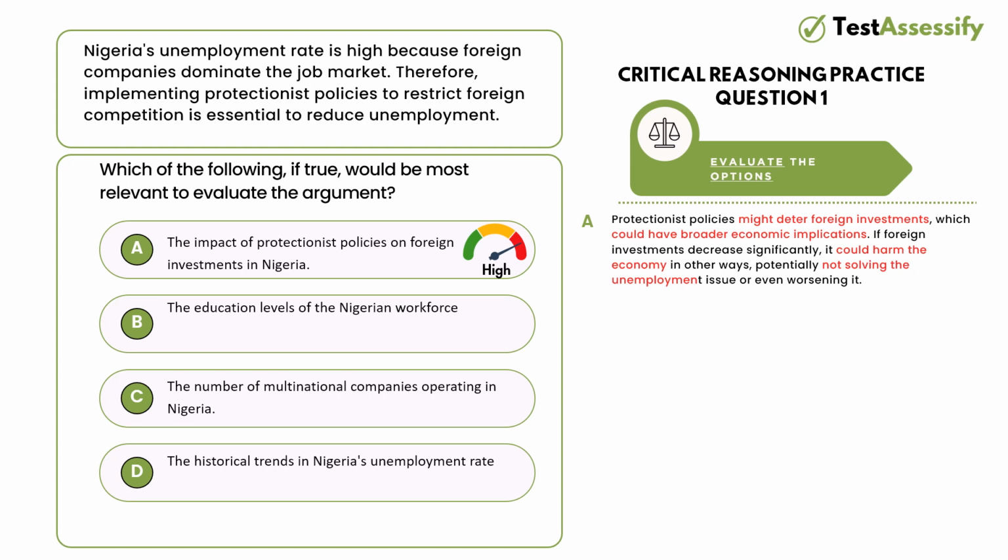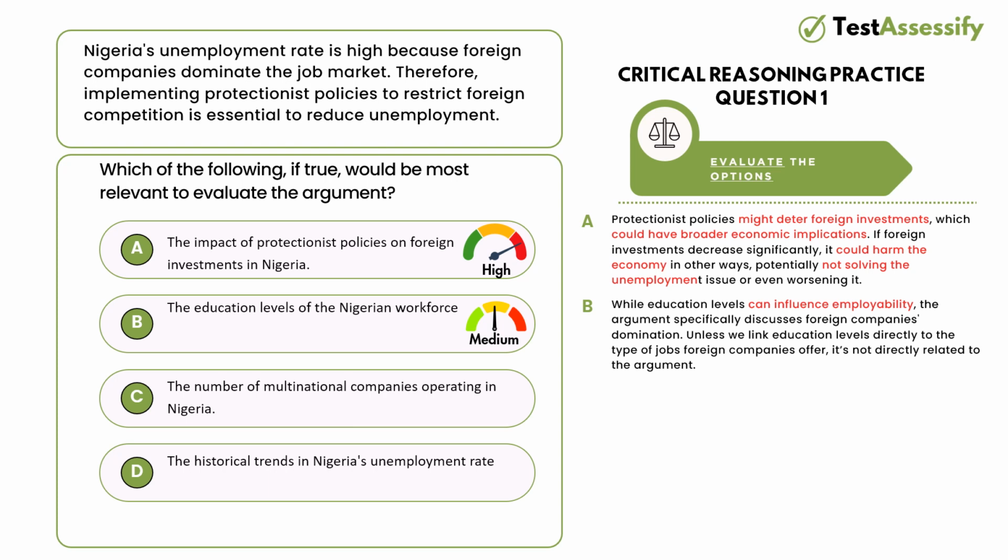For example, if foreign investments decrease significantly, it could harm the economy. So in other words, it's potentially not solving the unemployment issue. It might even worsen it. So if we look at this particular statement, we can say that it is relevant to evaluate the argument, and we would give it a rating of high. Now let's move on to the next option.